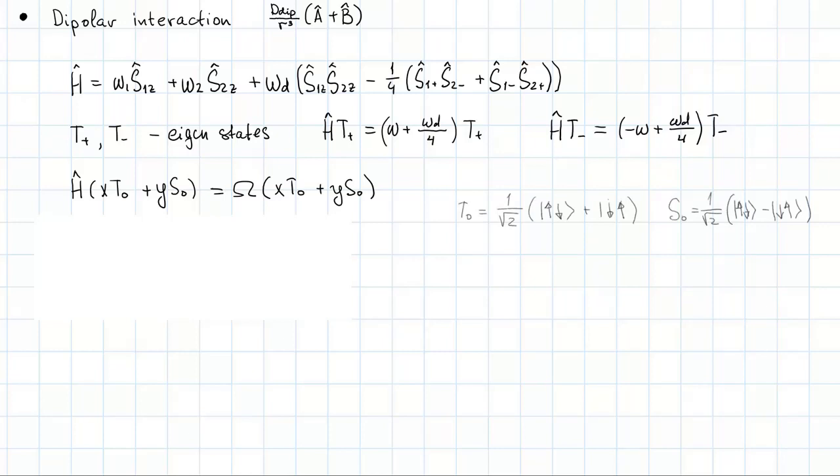Now I will rewrite the equation for eigenvalues and eigenvectors in the explicit form. For this purpose, I will need the following auxiliary formulas.